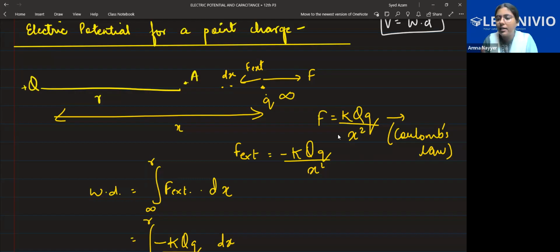So see, force is K capital Q small q by x square according to Coulomb's law. But the problem is that this is the internal force. Internal force means between our system, plus capital Q and plus small q. But we have studied everything regarding external force, external agent. So external is negative of internal. So that's why we wrote it here minus K Q q by x square. Okay?